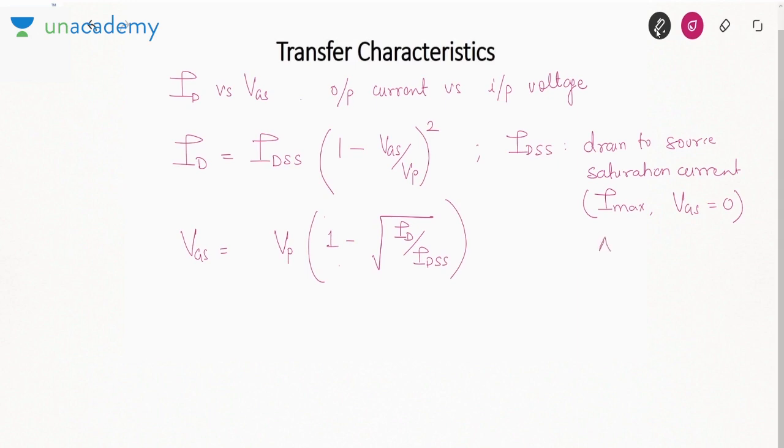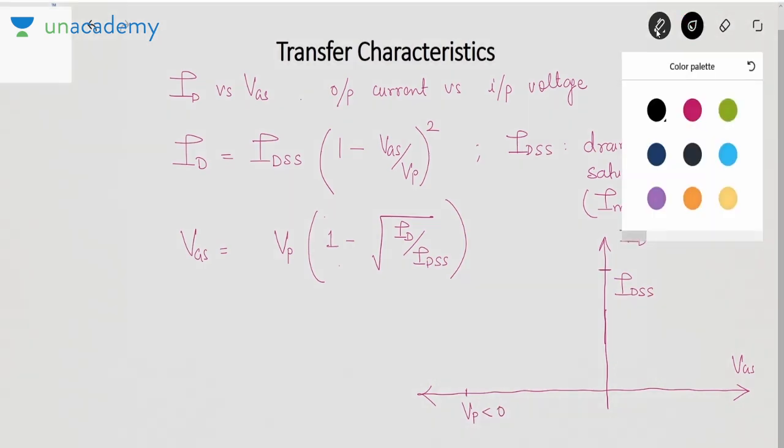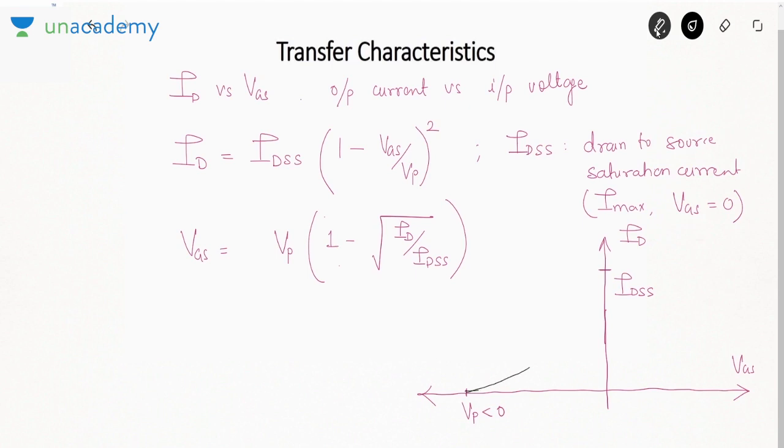Now if you plot a curve between the drain current and gate source voltage, for N channel JFET I have told you gate source voltage is always negative and pinch off voltage is also negative. So at VGS equal to 0, the current is IDSS, and at VGS equal to pinch off voltage, which is negative, the current is 0. So when we plot the curve, it is a square function, or you can say a parabolic curve.